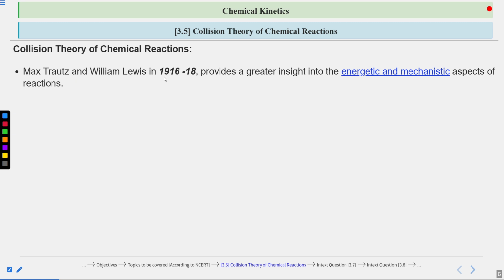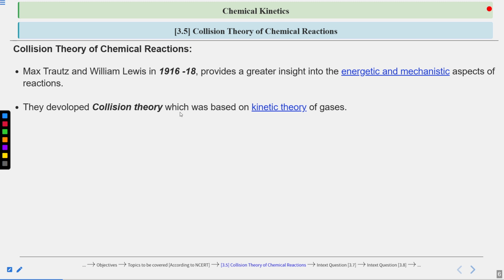Max Trautz and William Lewis, in 1916 to 1918, provided a greater insight into the energetic and mechanistic aspects of reactions, that is, how you can visualize the reaction in terms of energetics and mechanism.